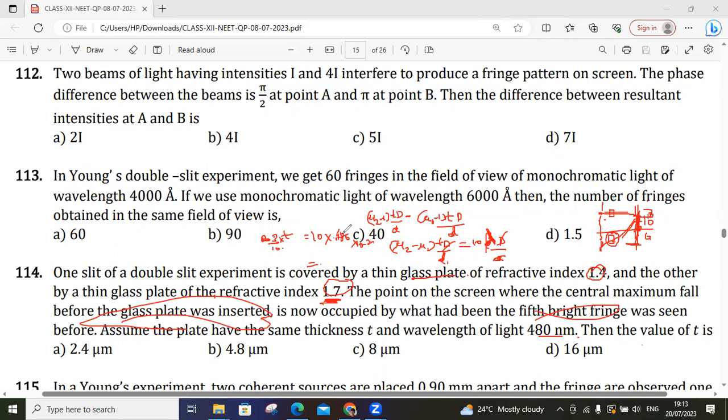So 3 ones are 3, 3 sixes are 18, so 160, and this 0 will go here. So 16 into 10 power 3, and we have 10 power minus 9 here, so 10 power minus 6. So 16 micrometer. 114 is C.